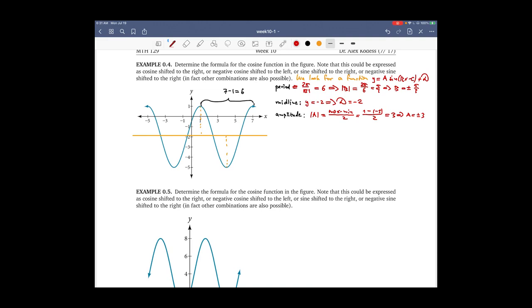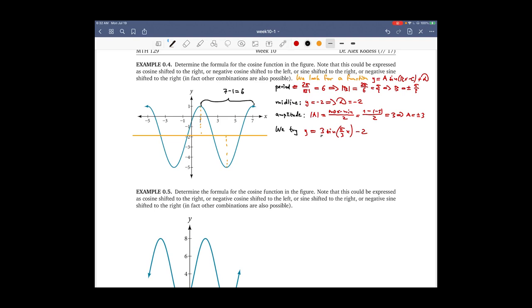So we may try the function 3 for A times sine of pi over 3 for B x minus 2.